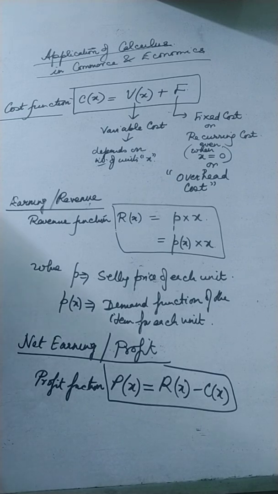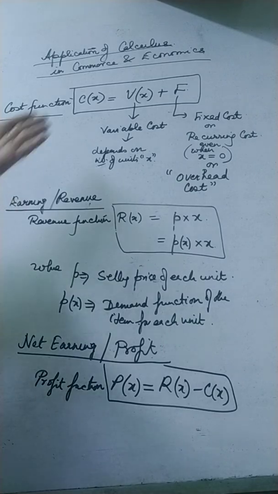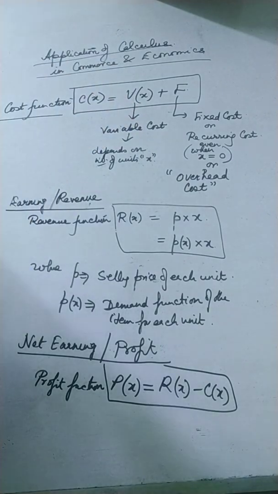Now out of these, you can find the average cost for the items you are manufacturing, and the average revenue you are going to earn. You'll get a fair idea of that, and you can also get an average idea of the variable cost function as well.